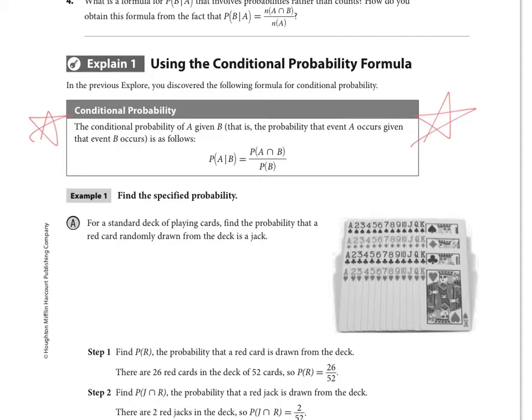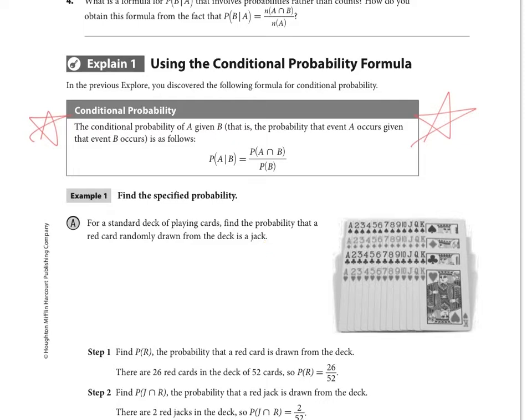Okay, so here are some typical examples of conditional probability. Here of course is our deck of cards. If it helps you, they've given you a nice visual of the 52 cards in a standard playing deck. We are being tasked with finding the probability that a red card randomly drawn from the deck is a jack.